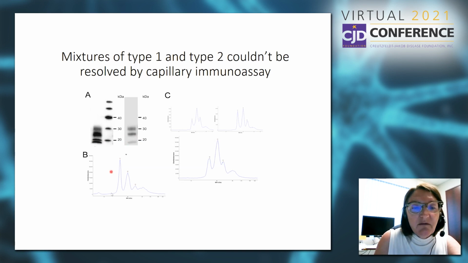And when we run these on an electropherogram in panel B, we always get these nice peaks, no hint of a double band. So we went on from this to actually take PTA precipitated type 1 and type 2 proteins.